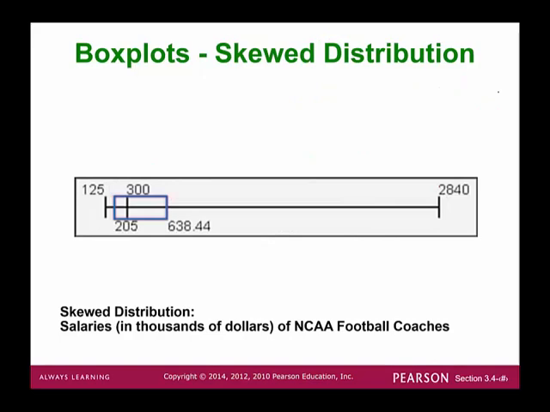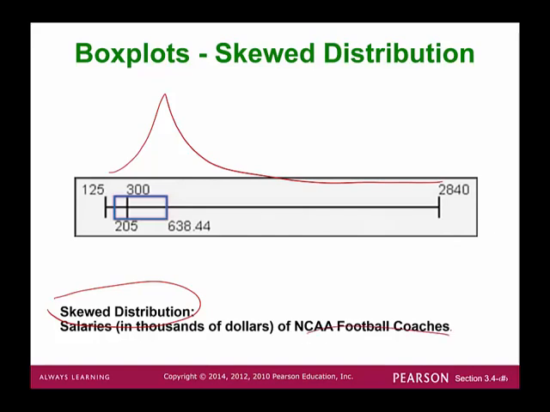And this is very typical. If you draw the bell curve, it will be skewed to the right. We have a very long right tail here, so that's a skew. This is a skewed distribution because most of the data values are concentrated on the left end. Okay. And this is about NCAA football coaches, right?